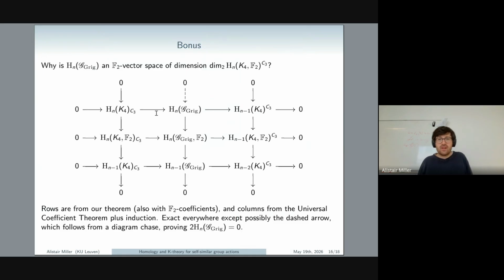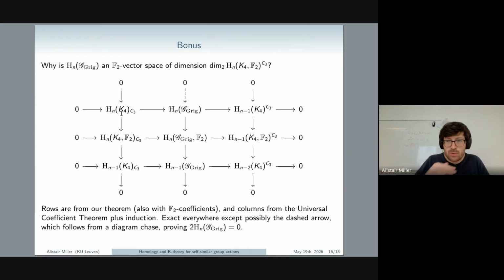So what we have here is a nice, I think this is the right seminar for this sort of diagram. So we have a nice exact diagram. Well, it's exact except possibly for the vertical direction here. So it's exact except possibly if I include this one here. So what's happening here?